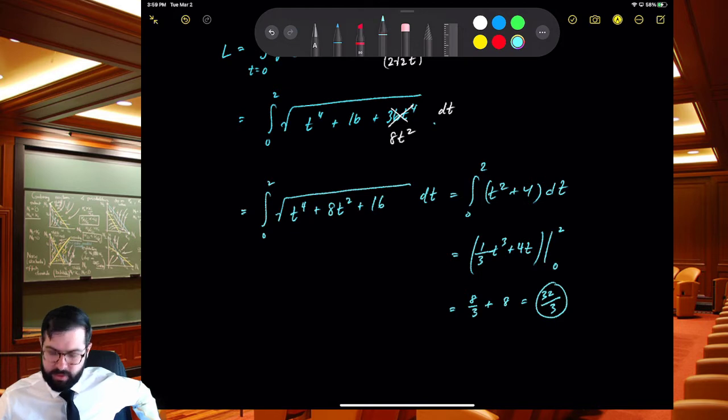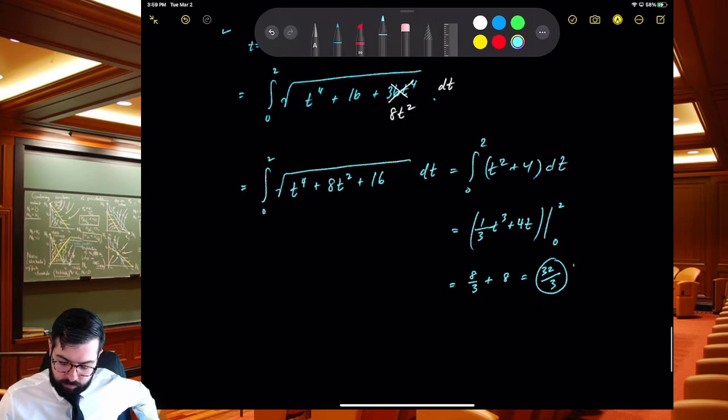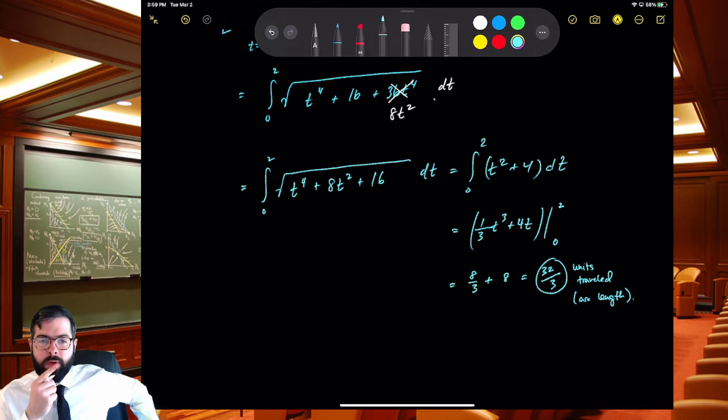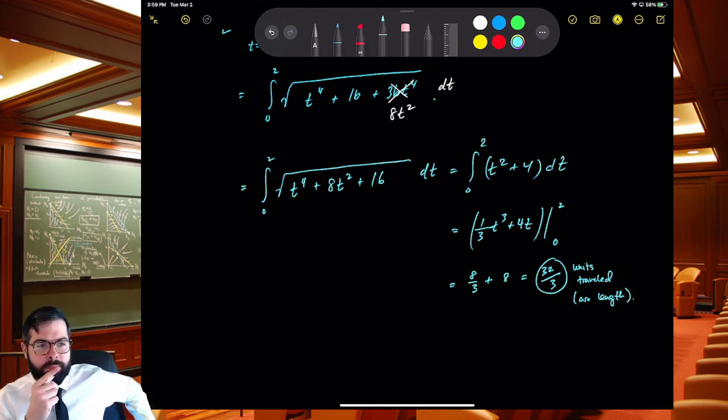Again, what is this? It's units traveled by the particle, right? So whatever the distance was, which I didn't give to you, it's units of arc length. So how far it really traveled along the curve instead of just from A to B. Does that make sense?